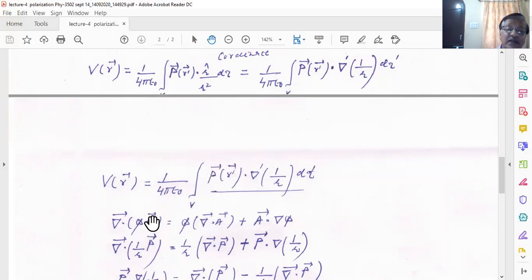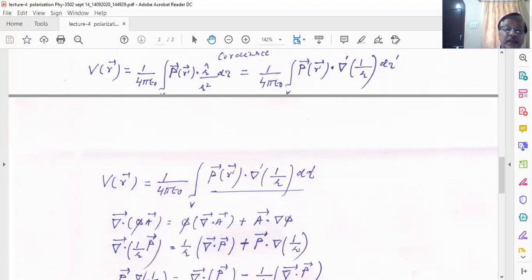A is the vector P, and phi is 1 upon r. So phi is replaced by 1 upon r, and vector A is replaced by P at r dash.